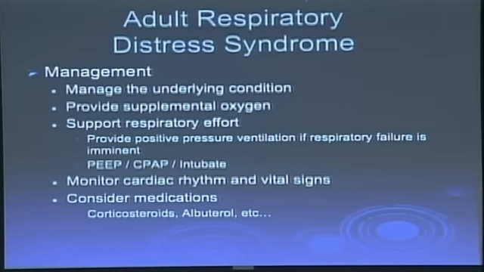Now, albuterol is your drug of choice. You can put Atrovent with it, but it's the albuterol that does the work for cardiogenic pulmonary edema or for non-cardiogenic pulmonary edema.